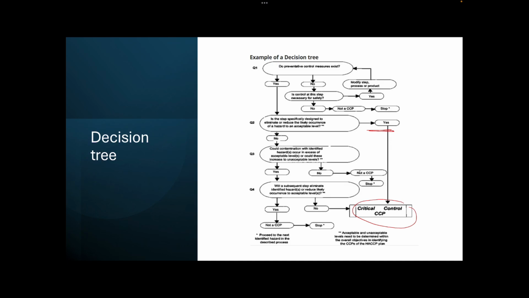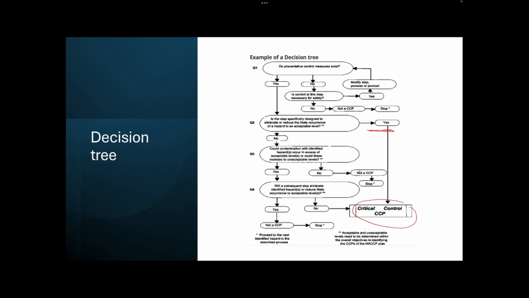If your answer was no, for example, when you are receiving meat and you're putting it in storage, in the freezer or cold storage, is that step designed to kill bacteria? No, that step is not designed to kill bacteria. That is to control the growth of bacteria, but not really to kill it, right? Or to reduce it to an acceptable level.